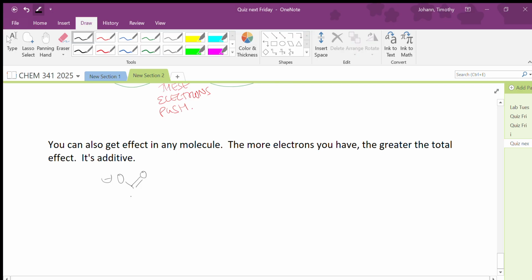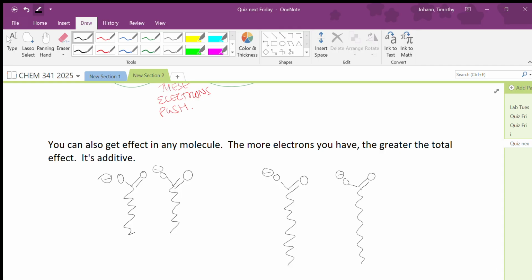a fatty acid that looks like this, see, I told you I was going to get lazy. Didn't take any time at all. Okay? But these two are going to stick together more than these two.